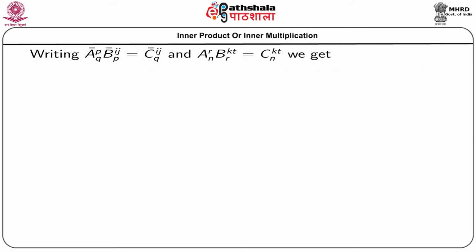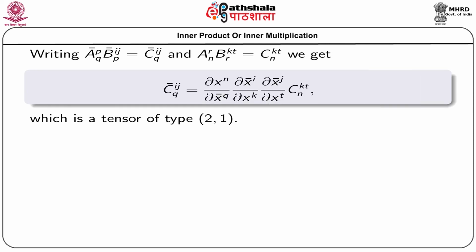Now, writing A bar Pq B bar IjP equals C bar Ijq and A^{rn} B^{ktr} equals C^{ktn}, we get this form: C bar Ijq equals del x n del x bar q del x bar I del x k del x bar j del x t C^{ktn}, which is the transformation rule for a tensor of type 2-1.